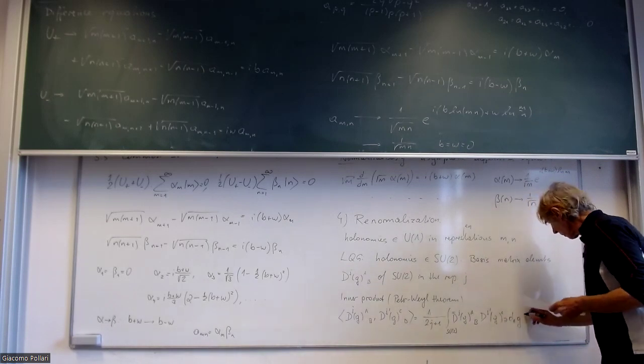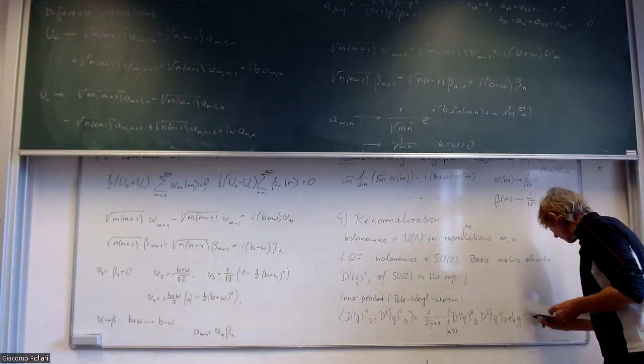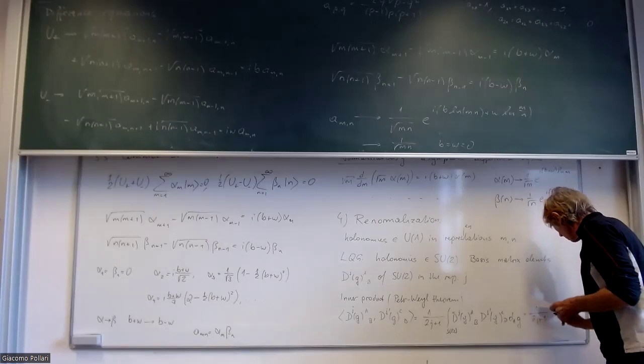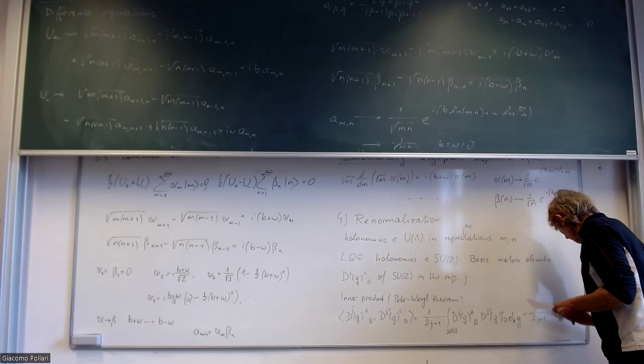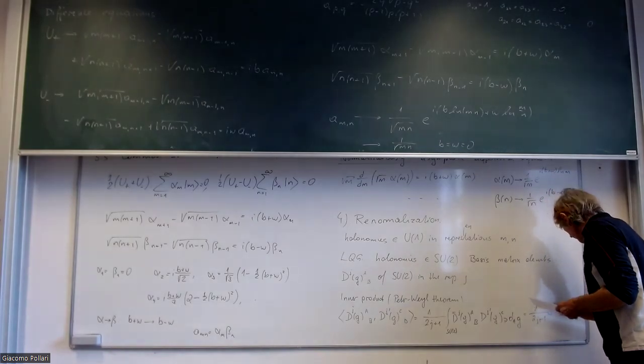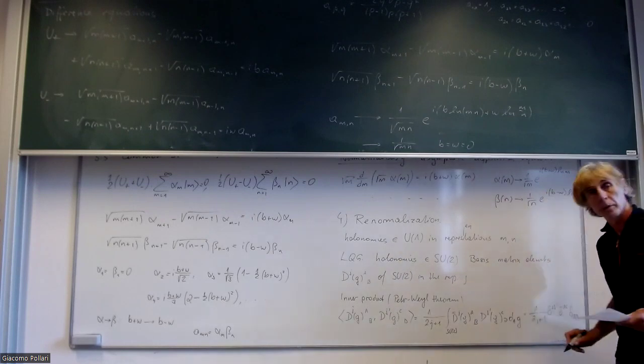And this is equal to 1 over 2J plus 1 delta J, J' delta AC delta BD.